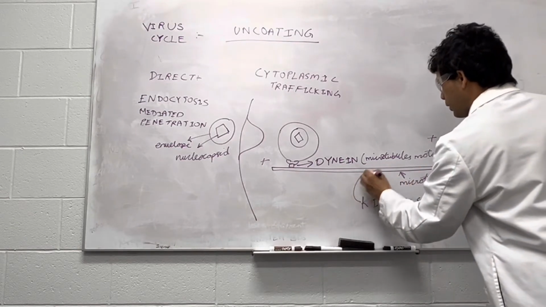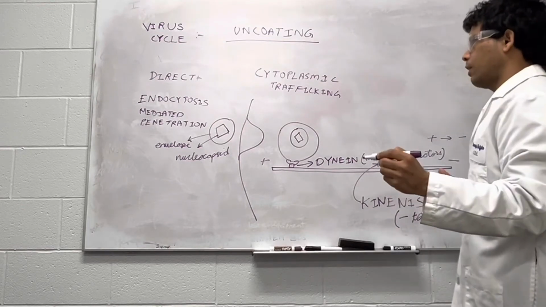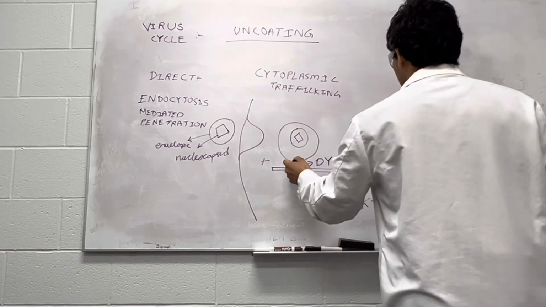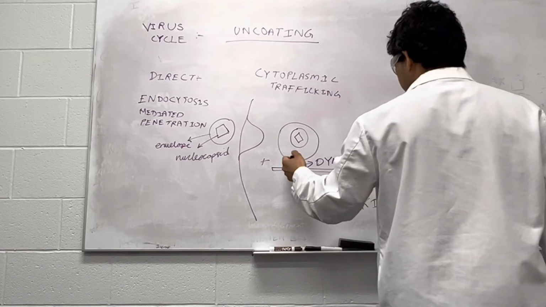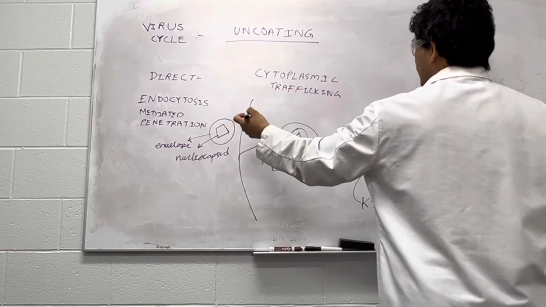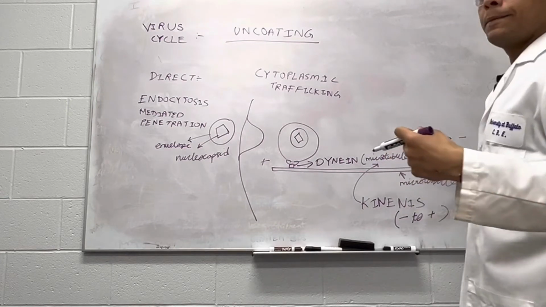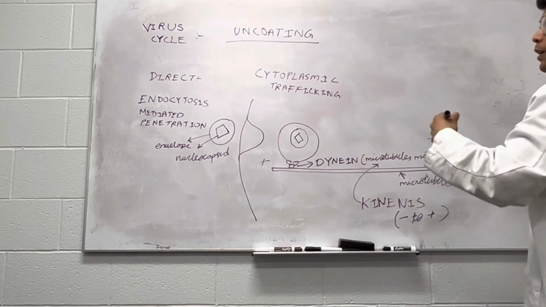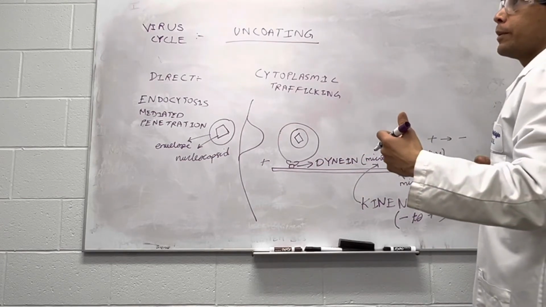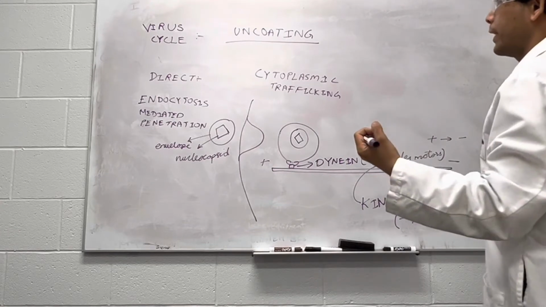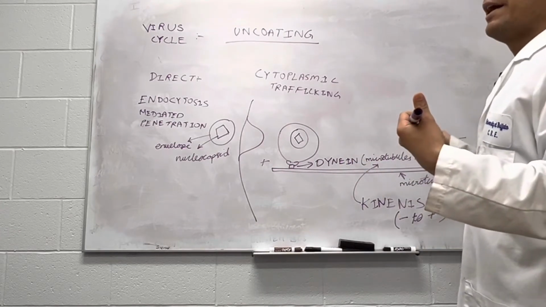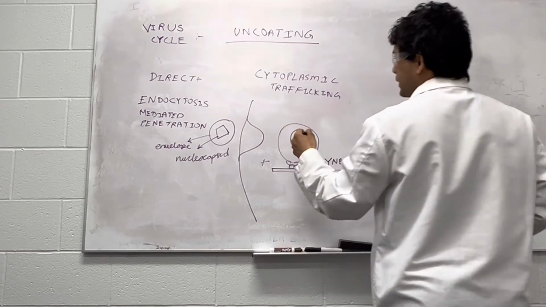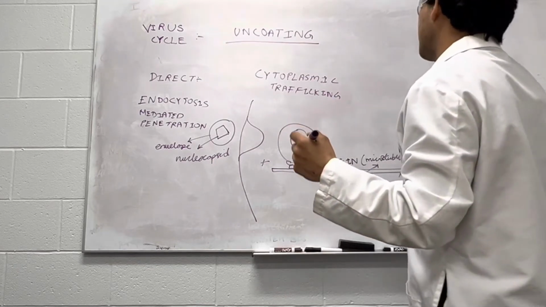So in cytoplasmic trafficking, dynein helps transport this vesicle from the cell membrane inward through the cytoplasm, where most of the cell machinery responsible for replicating and expressing the virus's genetic information is available.